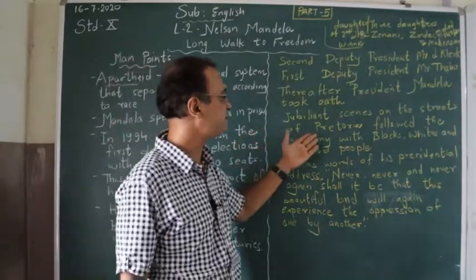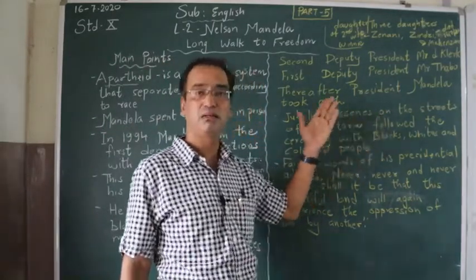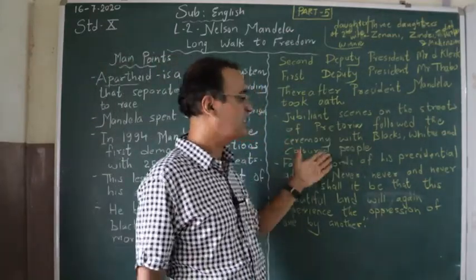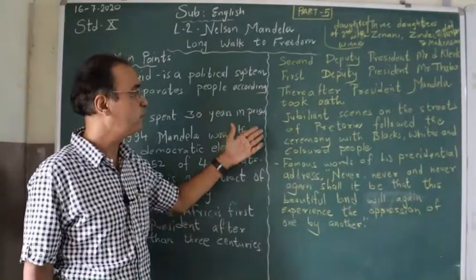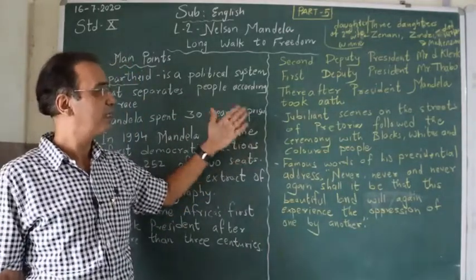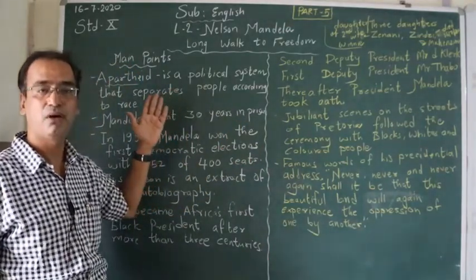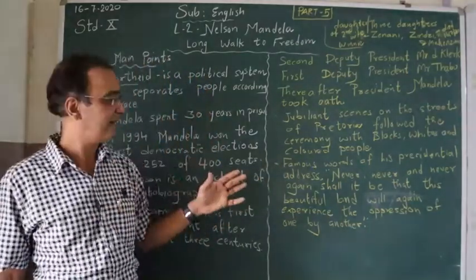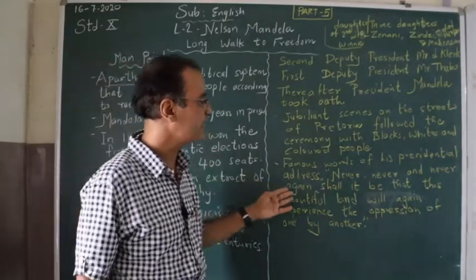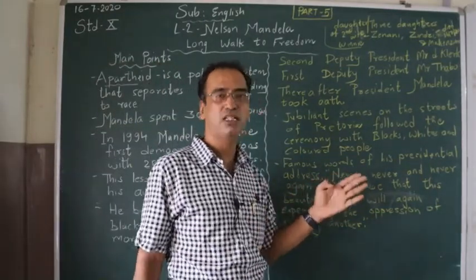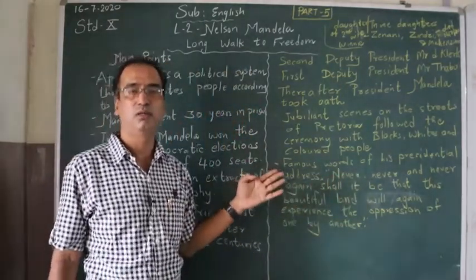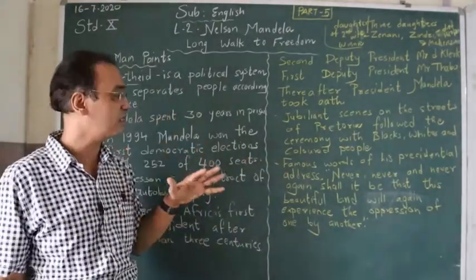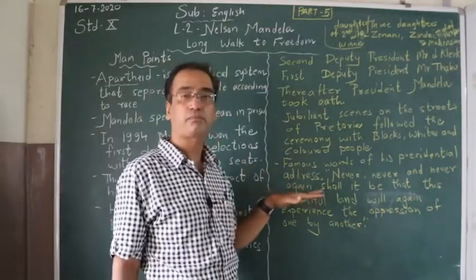Obviously the streets of Pretoria, where this main function was held, followed the ceremony with blacks, whites and coloured people all together taking part in this celebration. The famous words of the president in his address came after so many years of enslavement, suppression and oppression by foreigners.